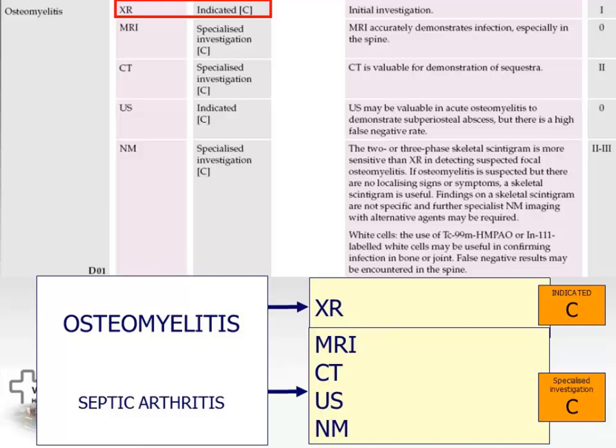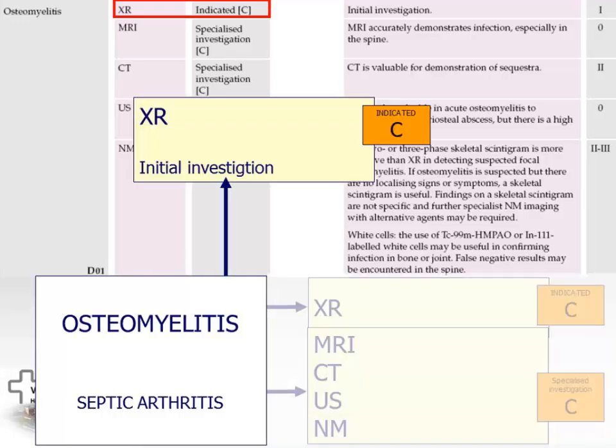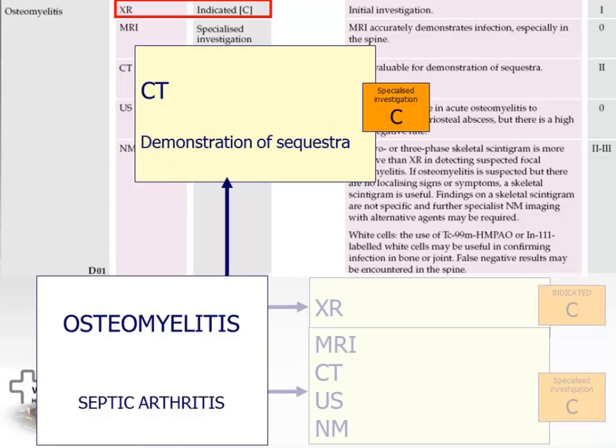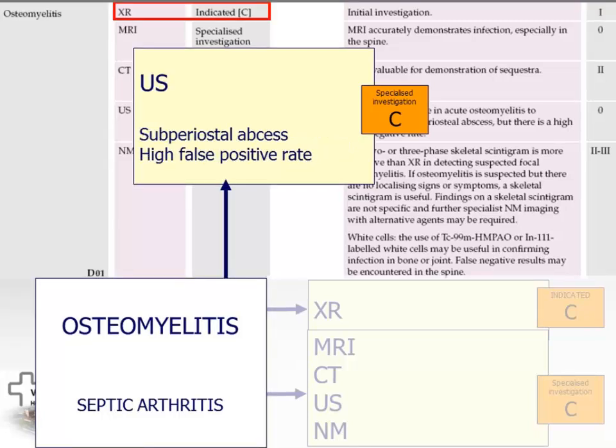Well, going to osteomyelitis, I'm sorry because I'm going to repeat things. The X-ray is the first initial investigation to be performed. The MRI is accurate and demonstrates infection, especially in the spine. The CT can demonstrate the existence of a sequestrum. The ultrasound detects the subperiosteal abscess and has a high false positive rate.